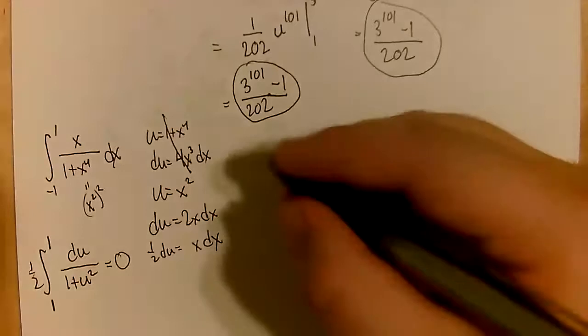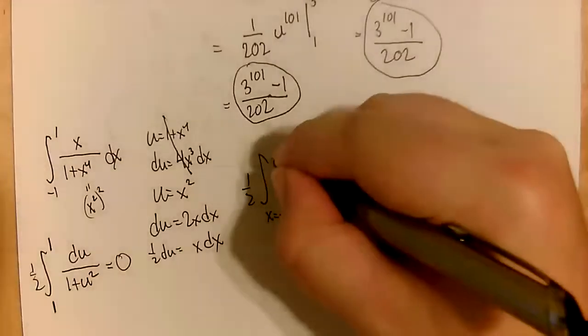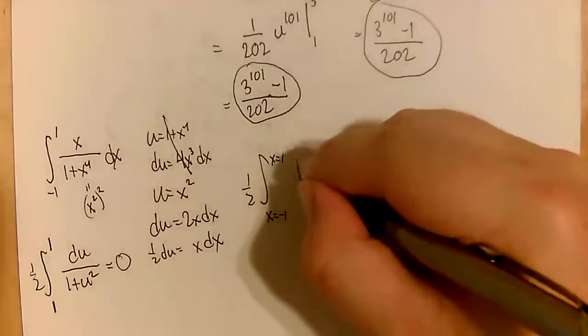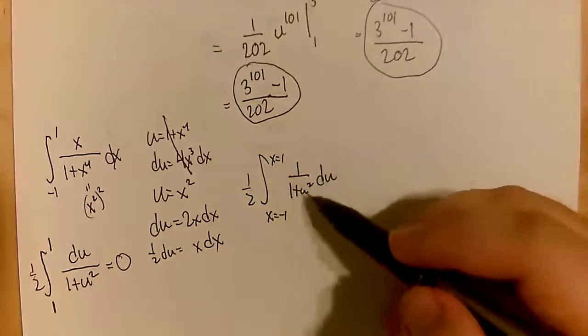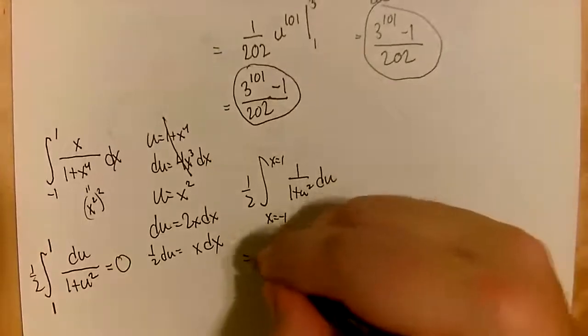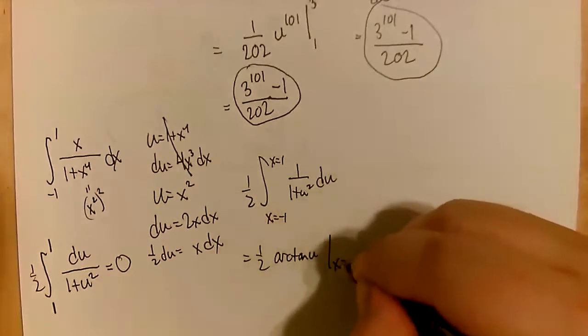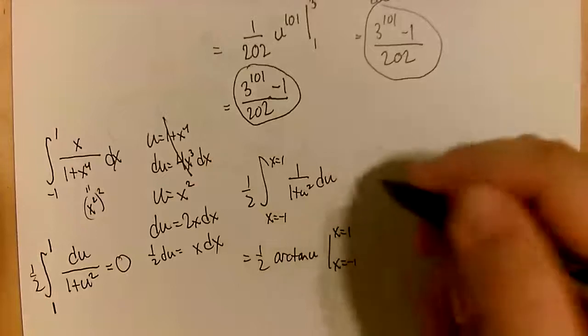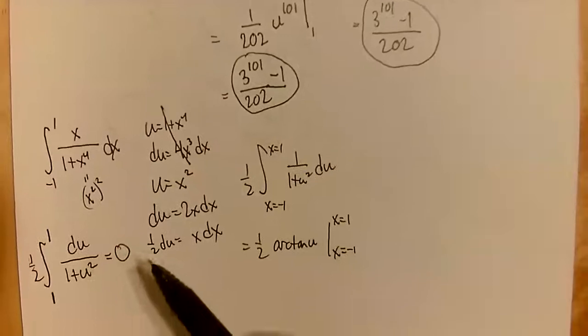On the other hand, if we use method 2 here, we would have this as our integral. And while this isn't an impossible integral, this actually ends up being arctangent of u. So this will be 1/2 arctan of u from x is -1 to x equals 1. This step we skipped entirely, and we immediately got our answer over here.